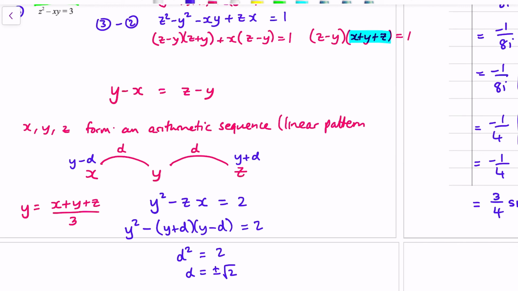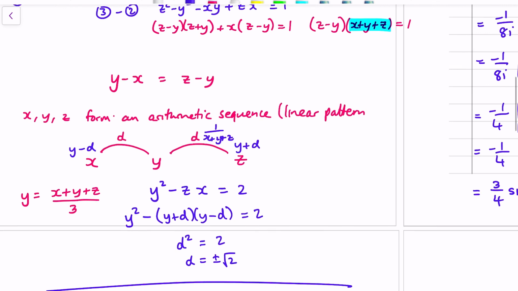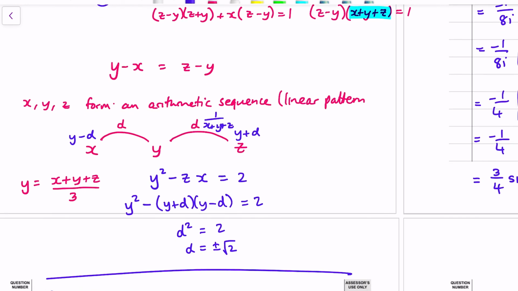So our final step to solving this is to realize that that distance d is actually just 1 over x plus y plus z, so we know that that's equal to root 2, which means that x plus y plus z equals plus or minus 1 over root 2, and therefore y is equal to plus or minus 1 over root 2, all divided by 3 from this equation.